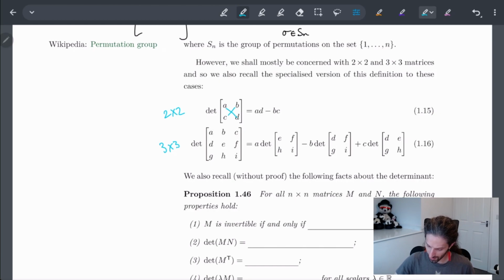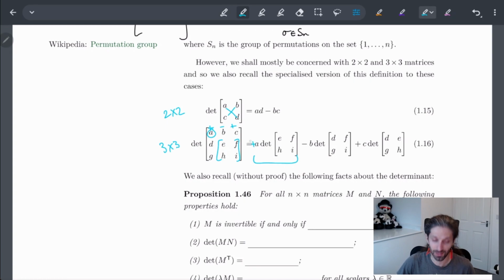The 3x3 case, there's many different ways to see this. What I'm used to doing is you put a little plus minus plus on top. That helps you realize what the things are. Then we do A times the determinant of its submatrix.